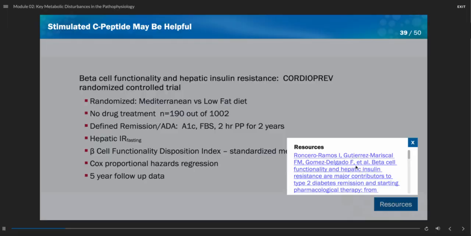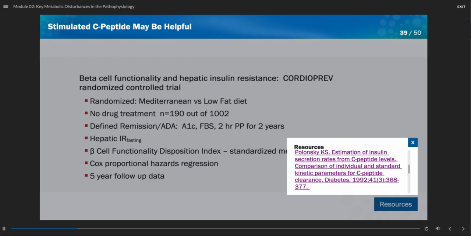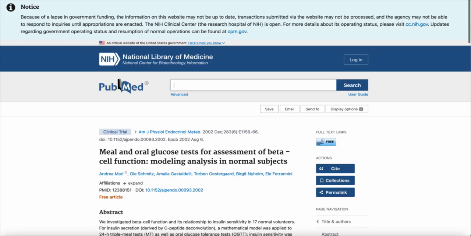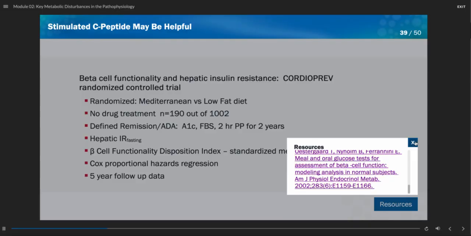To help us with that, we have a study that went back and looked at some of the data from the CARDIOPREV randomized controlled trial.